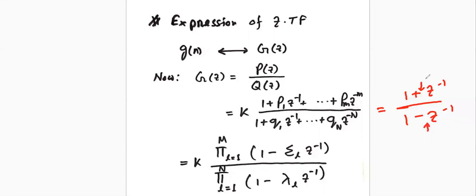There can be any sort of coefficient. So we can write p1 z to the power minus 1, where p1 is the coefficient, and 1 plus q1, that is another coefficient. So I should put minus here for the previous example.